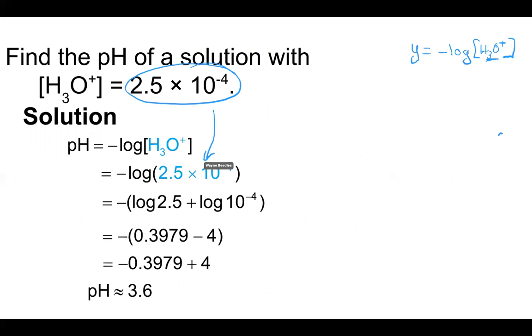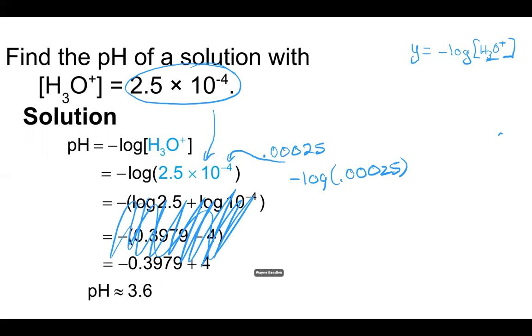And if you wanted to, you can move the decimal points: 0.00025. Plug that in there, and take negative log of that number. And I would alleviate all this mess, and you would get 3.6. Now, if you know how to type 2.5, usually on a calculator, it's called the EE button.